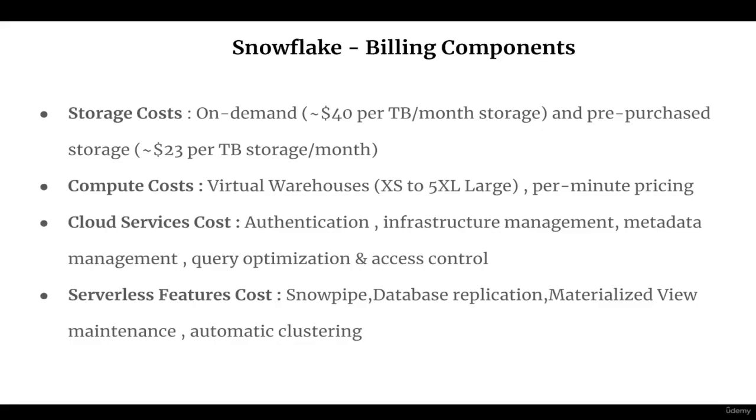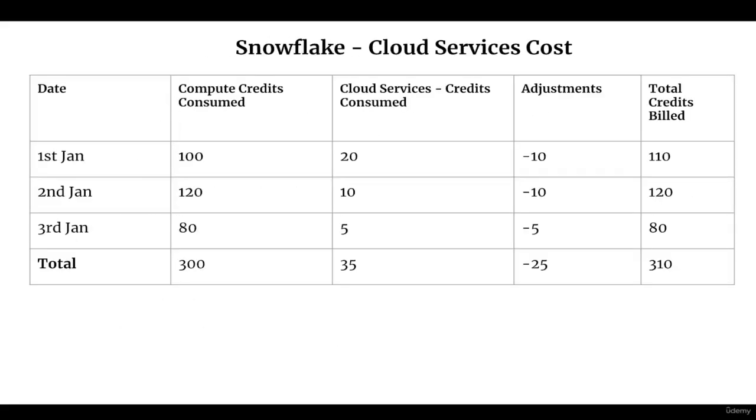All right, now in order to have an estimate of your cloud services, let's go to this slide. The way you calculate your cloud services cost, or the way Snowflake bills you for cloud services, is by checking if your consumption of cloud services has exceeded 10% of your compute cost. Might sound a little tricky, but let's have a look at this example.